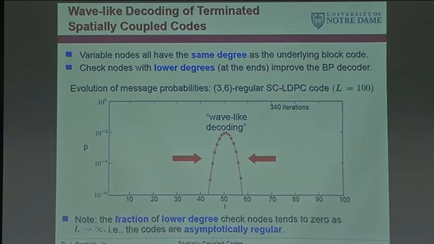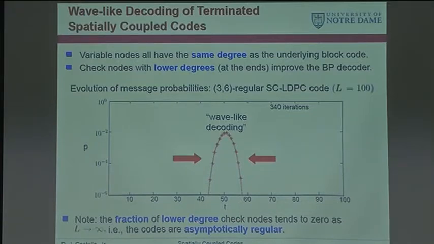Now, as a reminder, the number of time units that have low degree check nodes is just the memory. That syndrome former memory can be very small compared to the overall constraint length, because the constraint length is essentially the memory times the lifting factor, and the memory typically is small compared to the lifting factor.